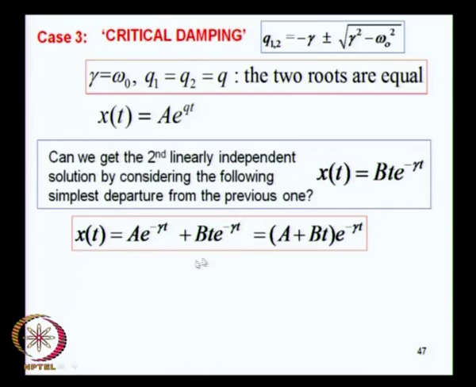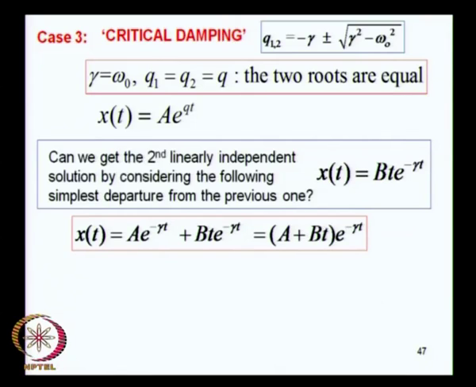If you construct a superposition of these two linearly independent functions, you get a general solution, because the form a e to the qt cannot give you the complete solution. So you recover the complete solution by adding to the first term a e to the minus gamma t the simplest departure from this term, which is b t e to the minus gamma t, and now you factor out e to the minus gamma t as common, and this is your solution to what is called the critical damping case.